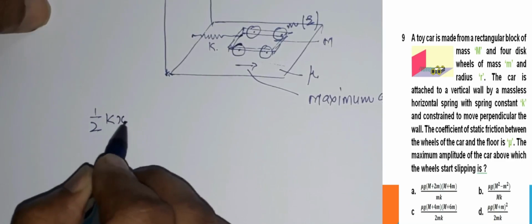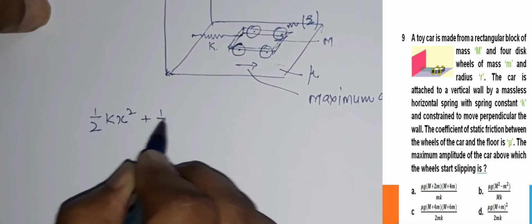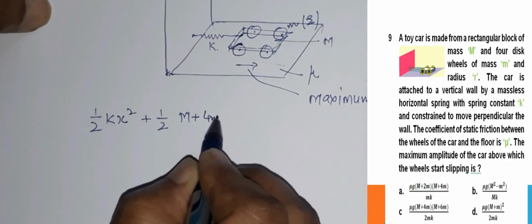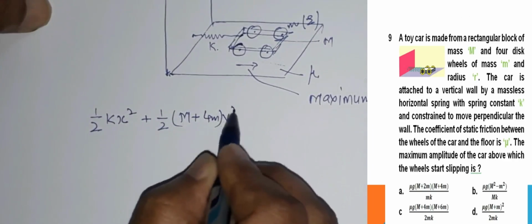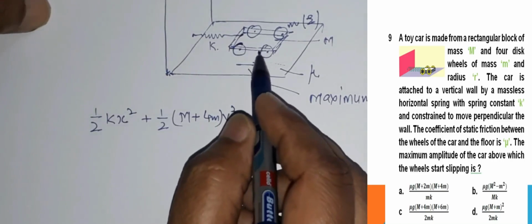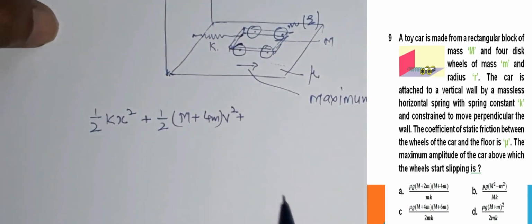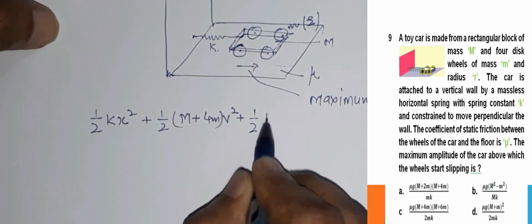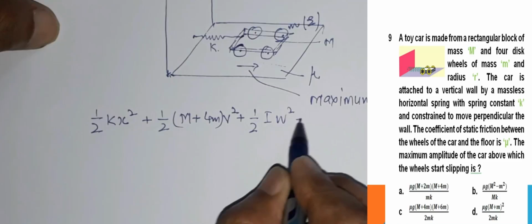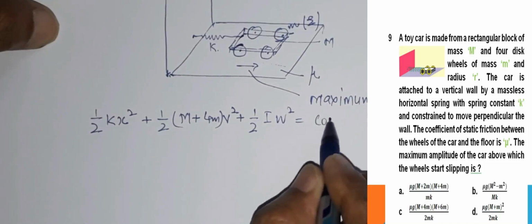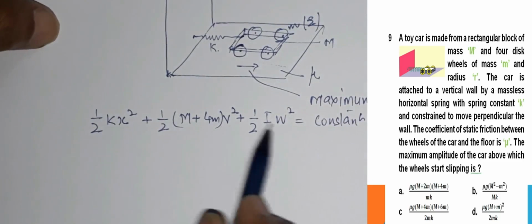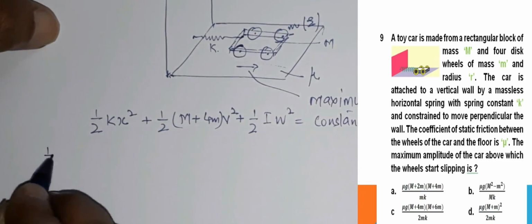that is half kx square plus half total mass into v square, the kinetic energy. Since these wheels are also rotating, there must be rotational kinetic energy as well, half I omega square, equal to constant. So solving this, what can we get?